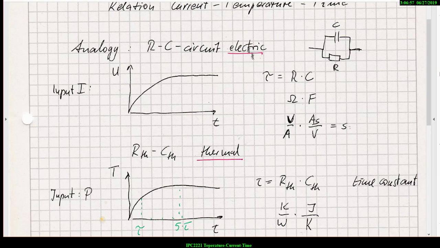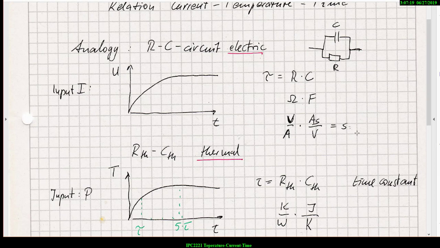In the electric circuit, the time constant is resistance times capacity, and if you look at the units, ohm times farad, volt over ampere, amp second, which is coulomb, divided by volt gives time.